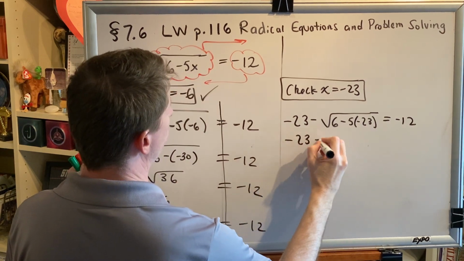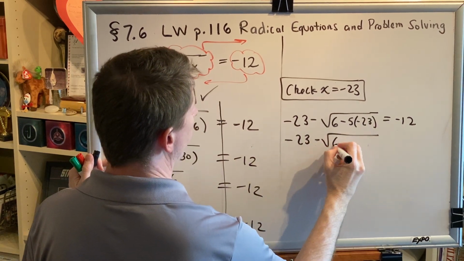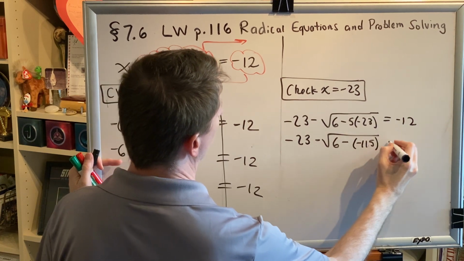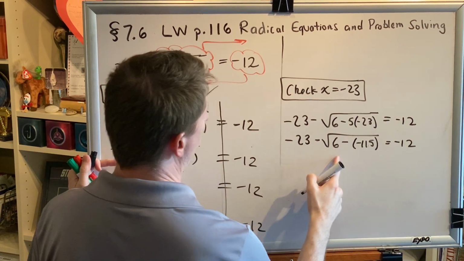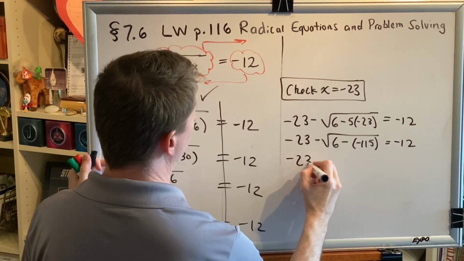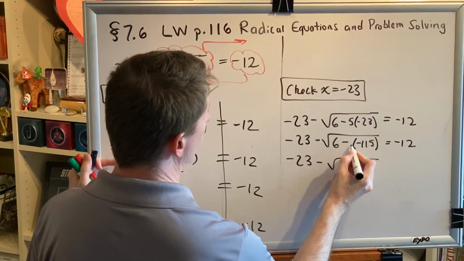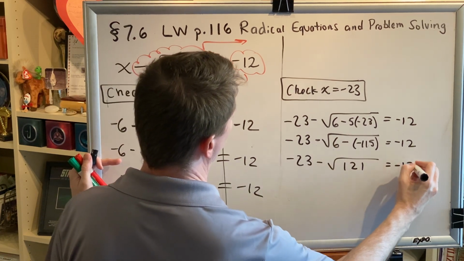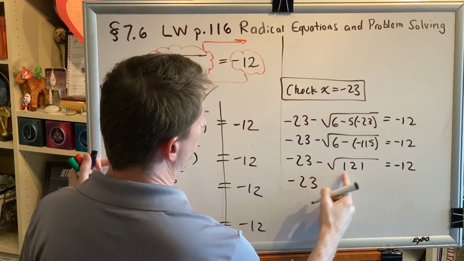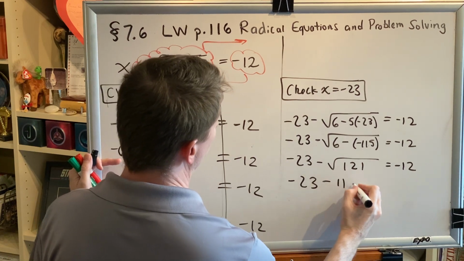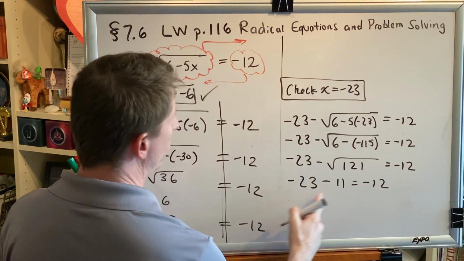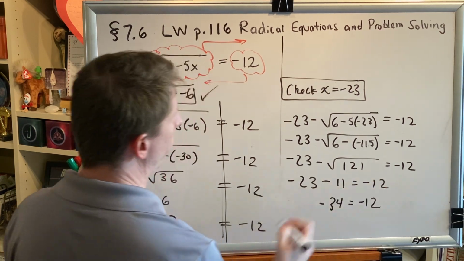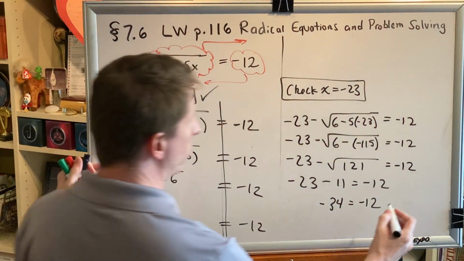Negative 23 subtract, this is 6 minus negative 115. Subtracting a negative is adding, so we get negative 23 minus 6 plus 115, which is 121. The principal square root of 121 is 11. And minus 23 minus 11 is negative 34. So we get negative 34 equals negative 12, which is false.